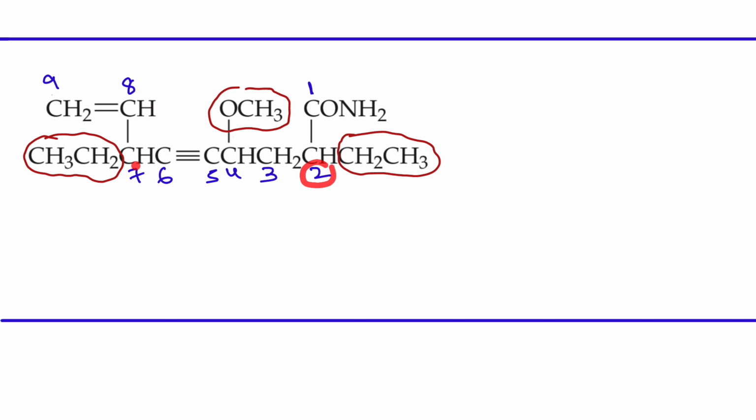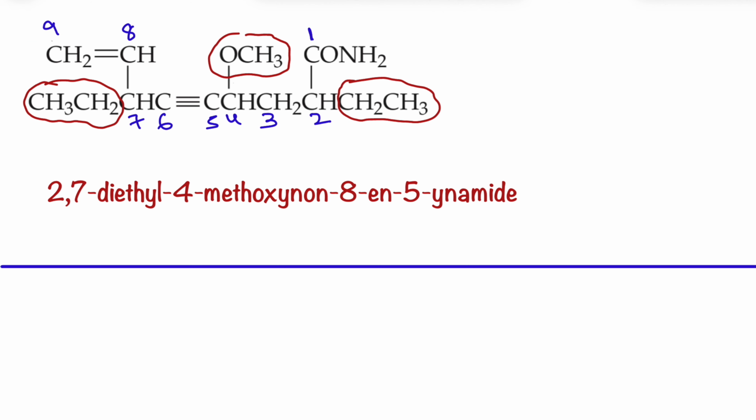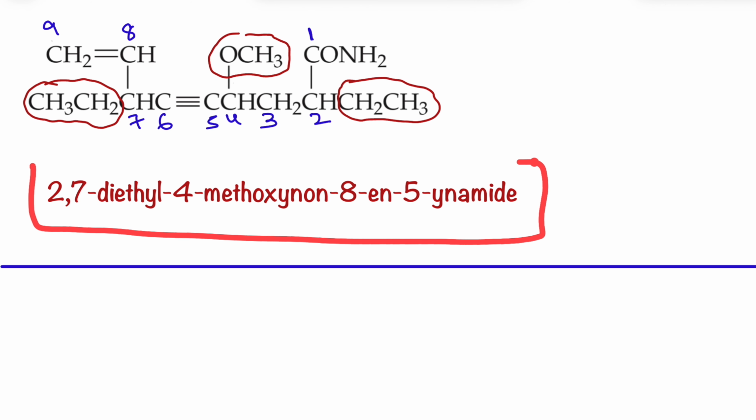So 2,7-diethyl, 4-methoxy, non, 8-ene, 5-yne, amide. En and yne are in competition. Here it is en, this is yn, en comes first. You can observe the name.